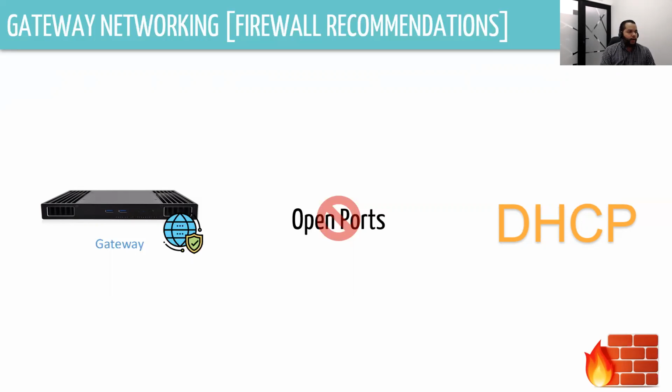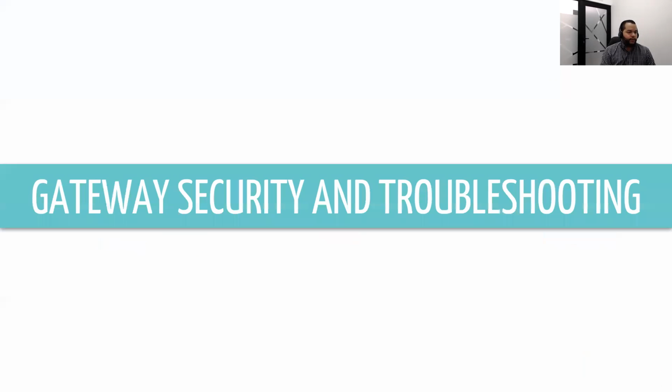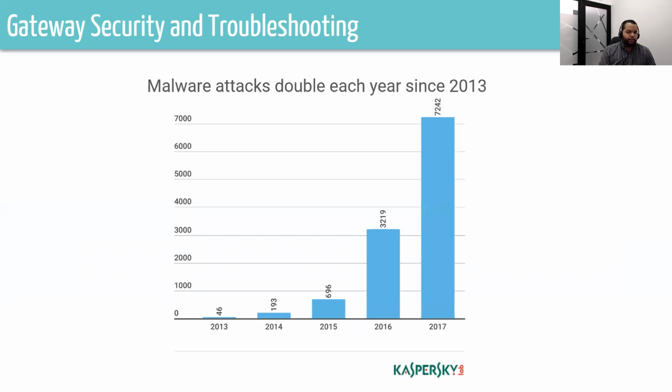Let's talk now about gateway security and troubleshooting. One of the reasons why we produced the gateway, as we have spoken before, is that malware attacks have been doubling each year since 2013. This poses a very big risk to anyone that is deploying devices on different networks and required to access them from outside.